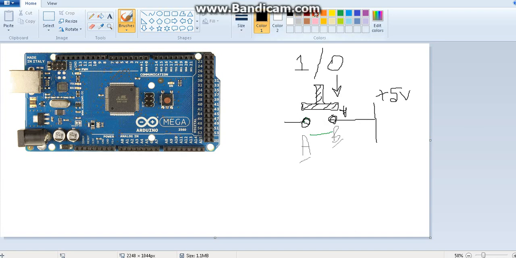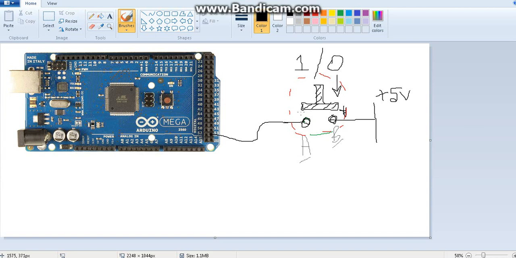This whole system together is the switch: one side of the switch is B, the other side is A. One side of the switch is going to 5 voltage, and the other side, A, will go to any digital pin of the Arduino that you want. Let's send it to 53. So you can think A is going inside 53.